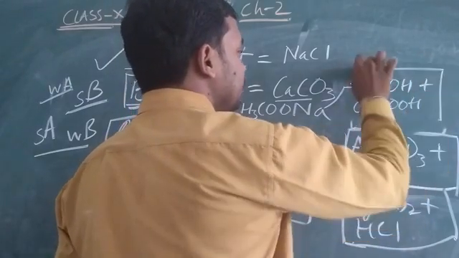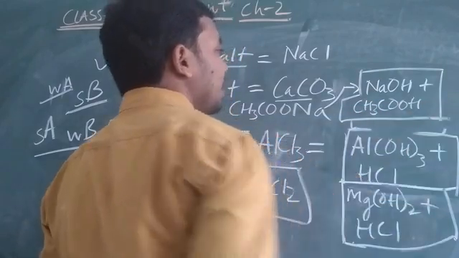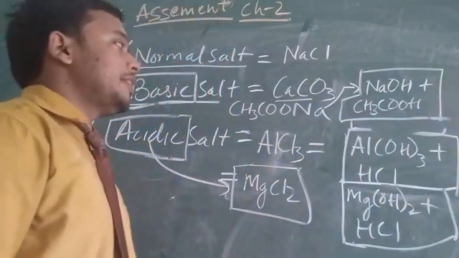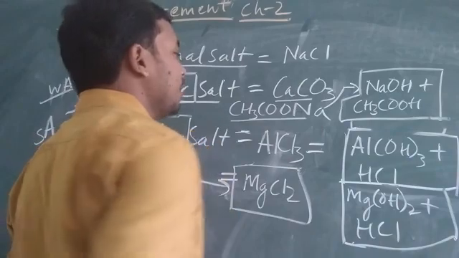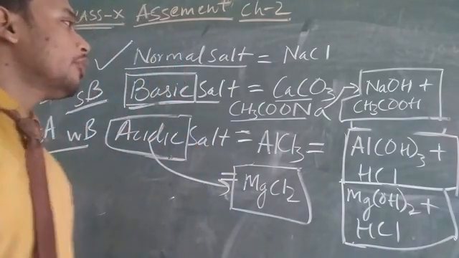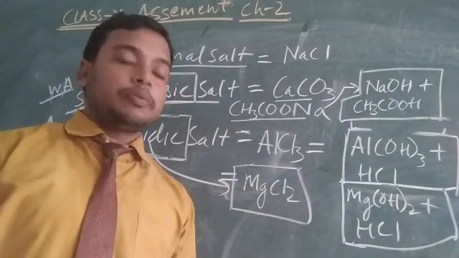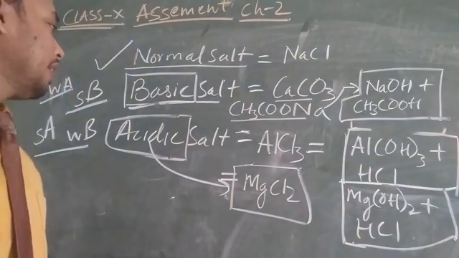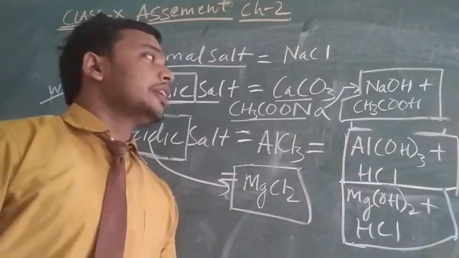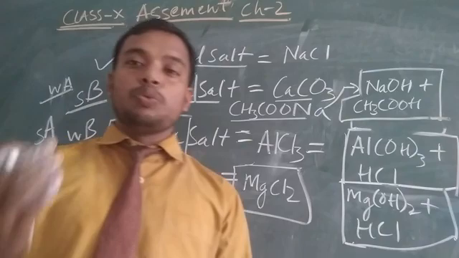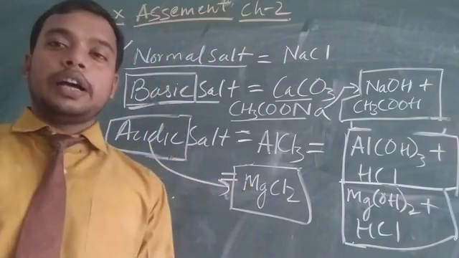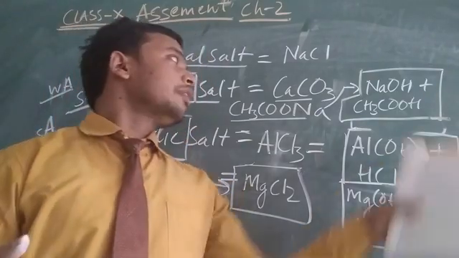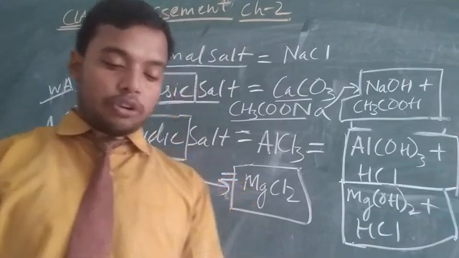So these are the strong base and weak acid. There is a formation of sodium acetate, that is a basic salt. Basic salt, because acetic acid is a weak acid, and sodium hydroxide, as you well know, is a strong base.